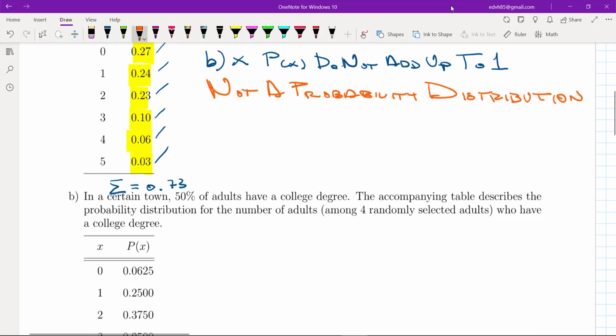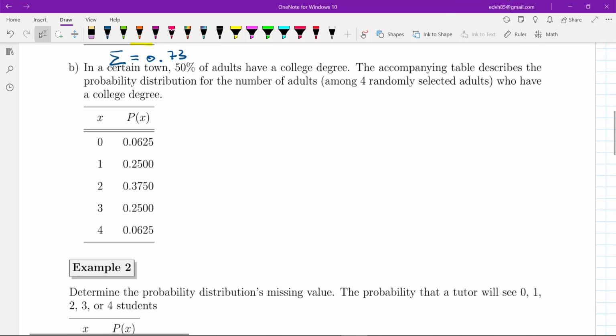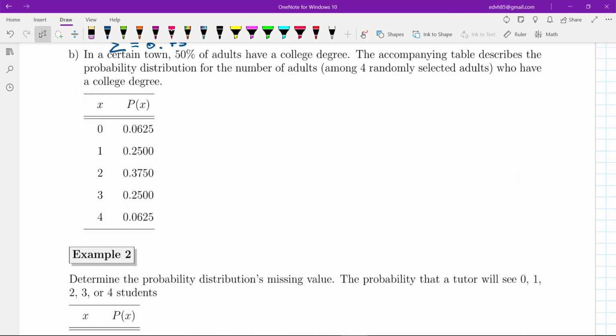Okay, let's look at another example. In a certain town, 50% of adults have a college degree. From that 50% that represents the population of adults that have a college degree, they sample some randomly selected adults. So from this table, let's look at whether this is a probability distribution.